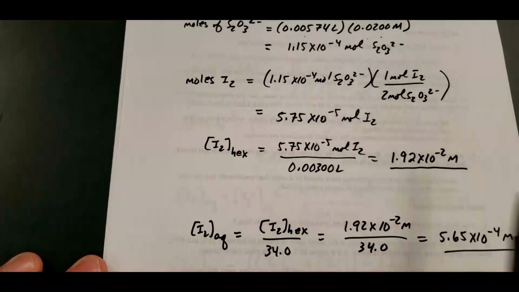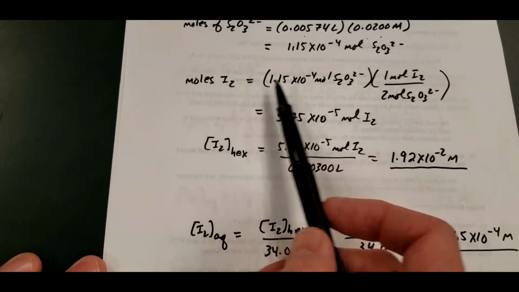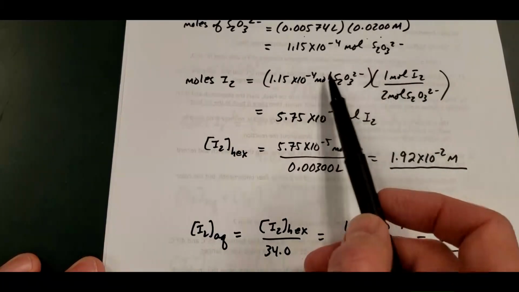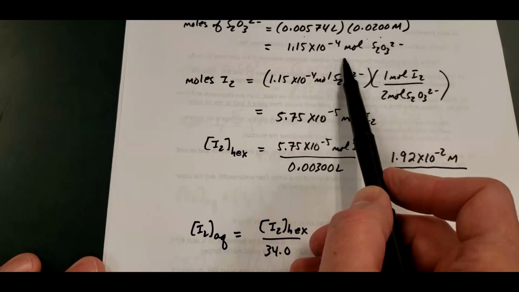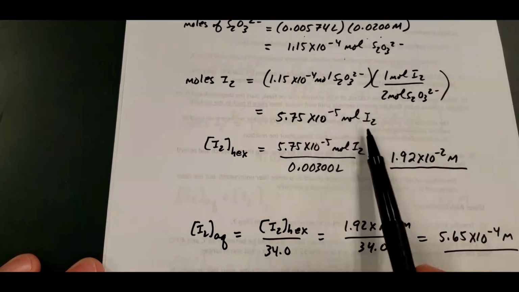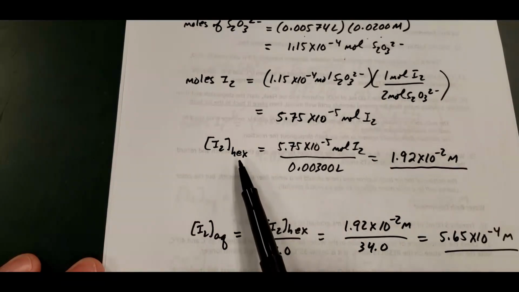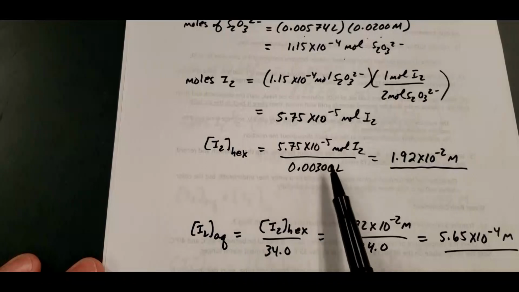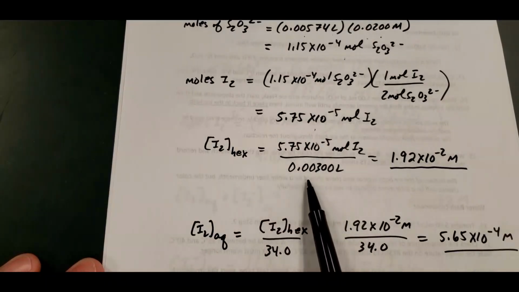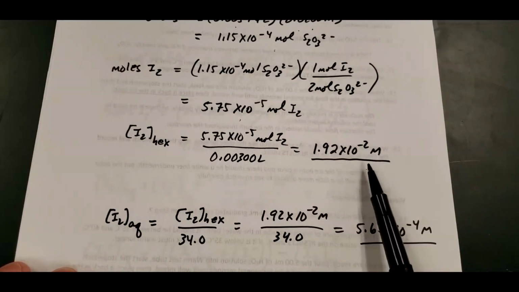According to the reactions in the lab report, the ratio is 2 to 1 for iodine, so we take this number of moles and divide by 2, which gives us the moles of iodine. To find the concentration of iodine in the hexane that we titrated, we used 3 mL of hexane, so it's this many moles divided by the volume. This is the iodine that was present in the hexane layer to start.